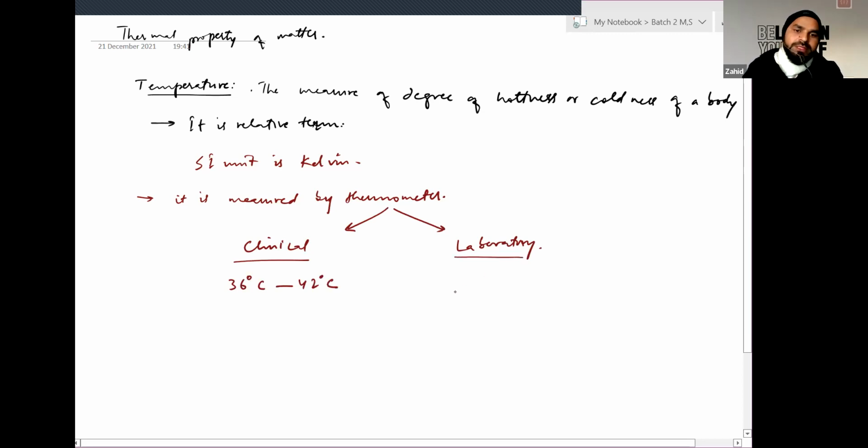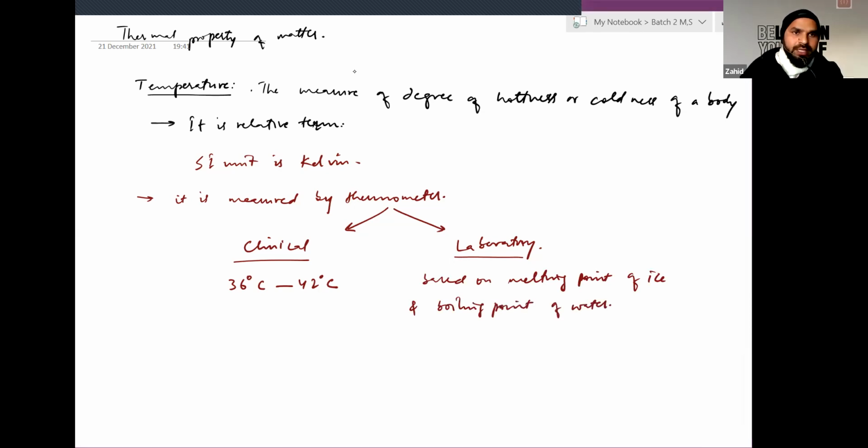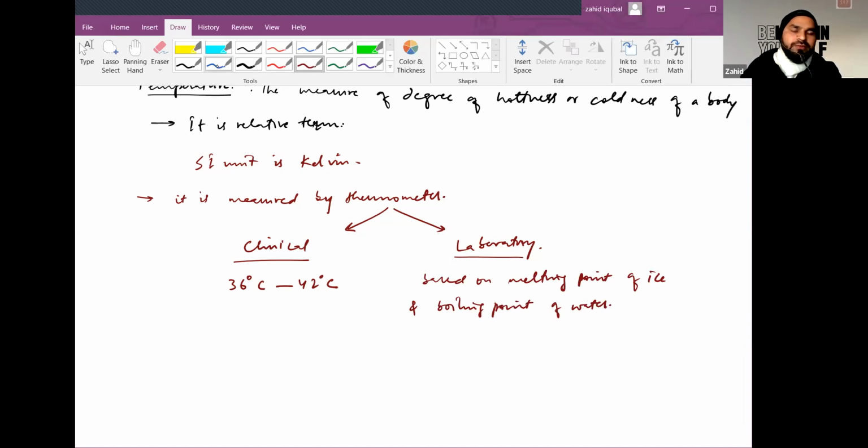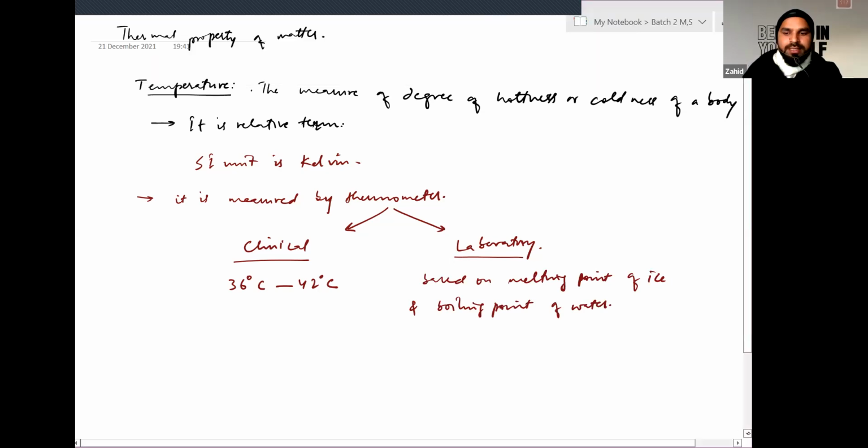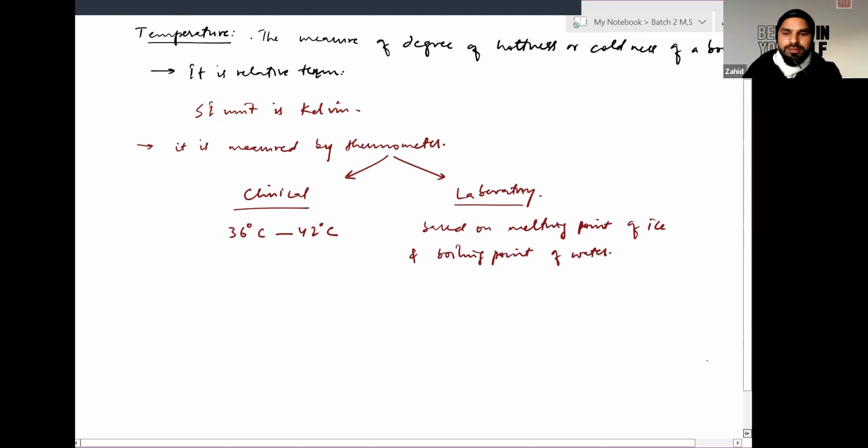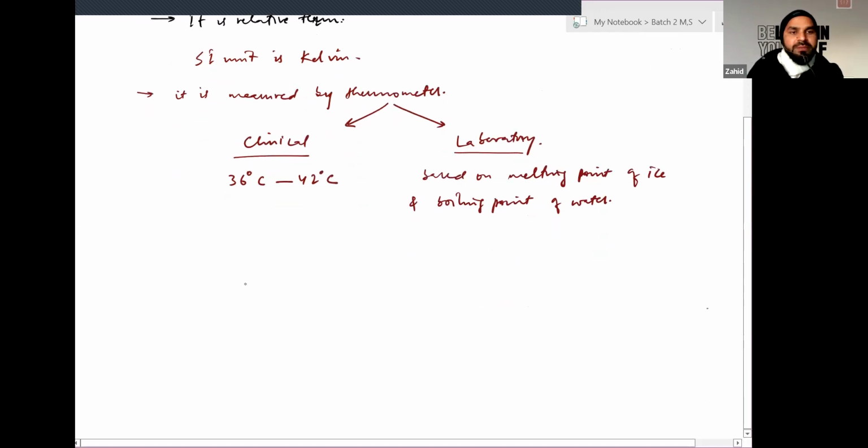The laboratory thermometer is based on the melting point of ice and the boiling point of water. Now let me define how to formulate a formula for any scale and how to convert a temperature measurement from one scale to another.